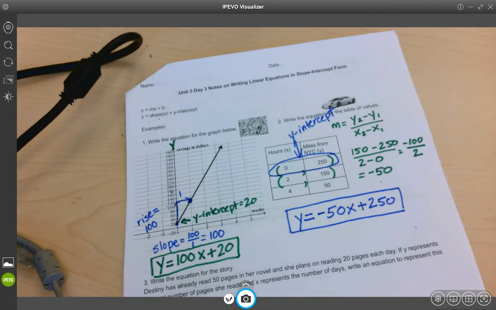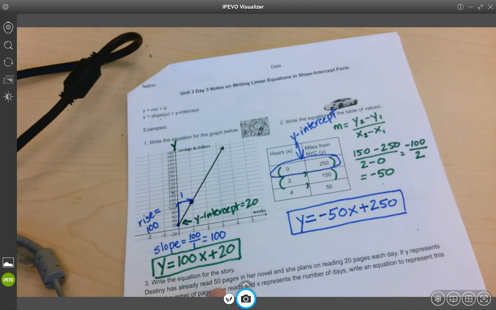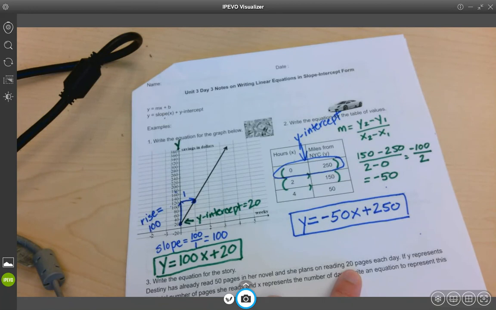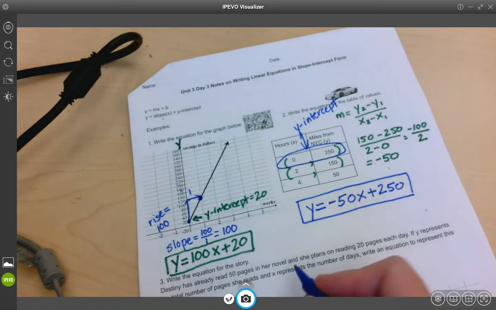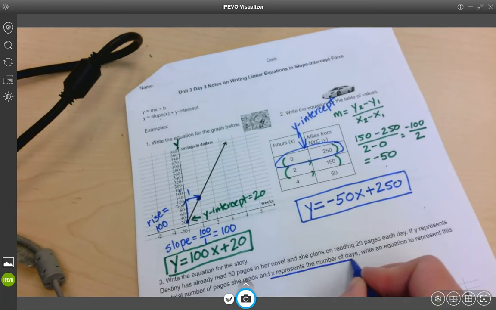All right, the last one is with words. Destiny has already read 50 pages in her novel, and she plans on reading 20 pages each day. If Y represents the total number of pages she has read, and X represents the number of days, write an equation to represent this story.